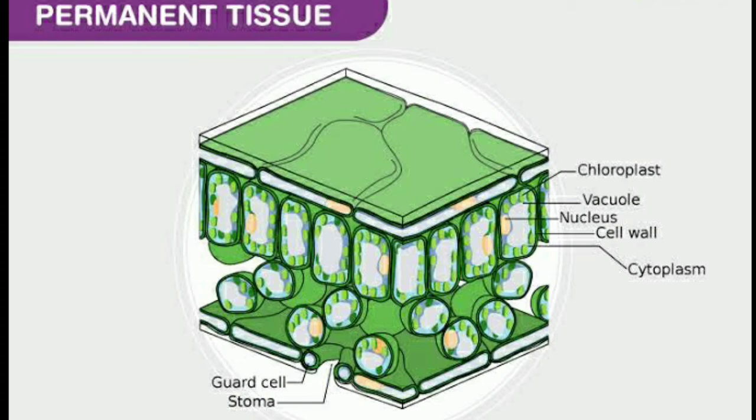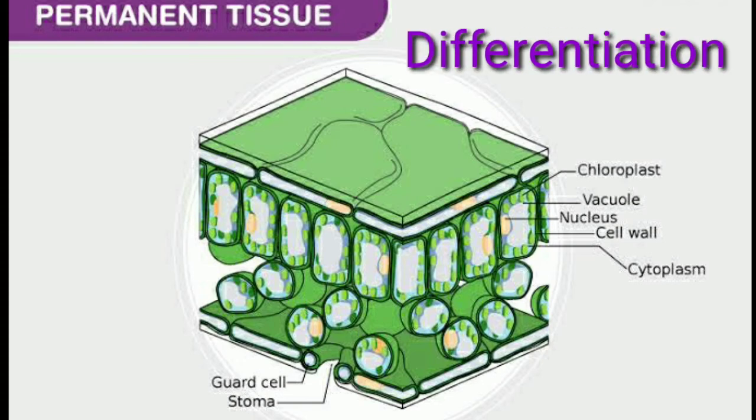Thus, they permanently acquire a specific structure, shape, and location and perform a specific function. This is called differentiation, and the permanent tissues are formed from these differentiated cells.